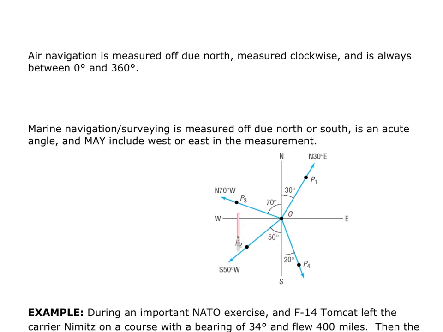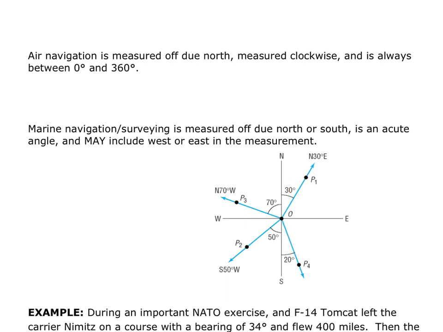So if you're talking about marine navigation or surveying, you will do it off of the north or off of the south. However, air navigation is measured off the due north, always measured clockwise off the due north, and the angles are always between 0 and 360 degrees.